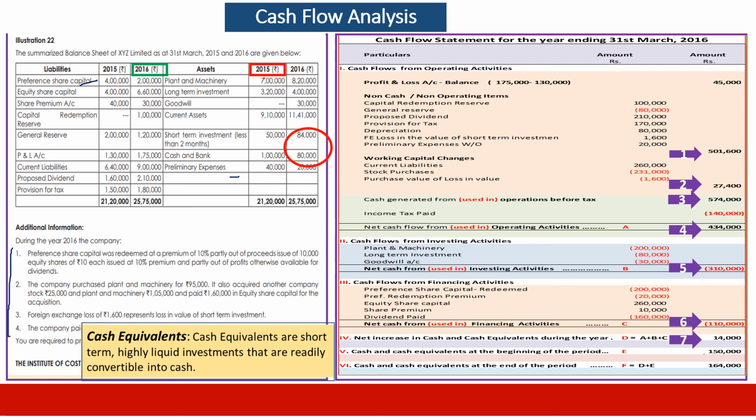Opening balance was 1,50,000, which takes us to the final closing balance of 1,64,000, which is equal to, as per the balance sheet, cash of 80,000 and cash equivalents of 84,000, 1,64,000, and that perfectly balances the two as a solution to the problem.